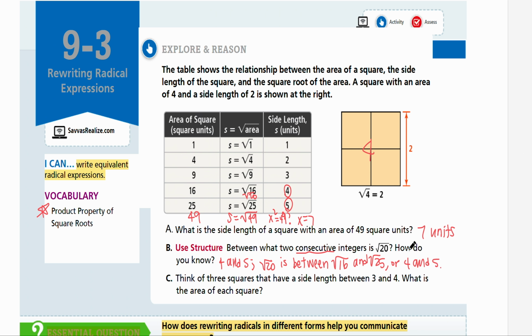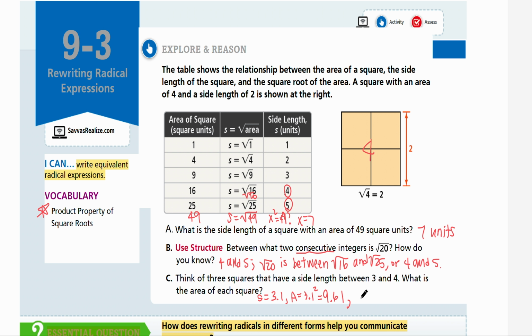Okay, think of 3 squares that have a side length between 3 and 4. What is the area of each square? Anything that has a side length between 3 and 4, like 3.1. If the side length is 3.1, then the area is 3.1 squared, which is 9.61.